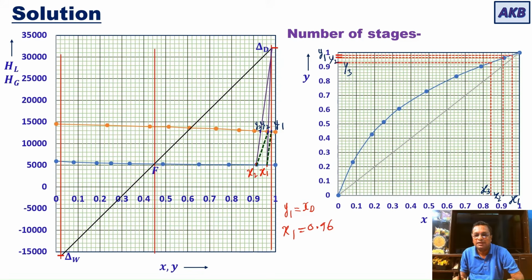You can check. Next, I'll have to locate this x3 on the enthalpy concentration diagram. So I am locating x3 at 0.84. Let me use red color. So this is x3. Again, I will first connect x3 to the point delta D by a construction line, and after that, I will connect x3 with y3 by a tie line.